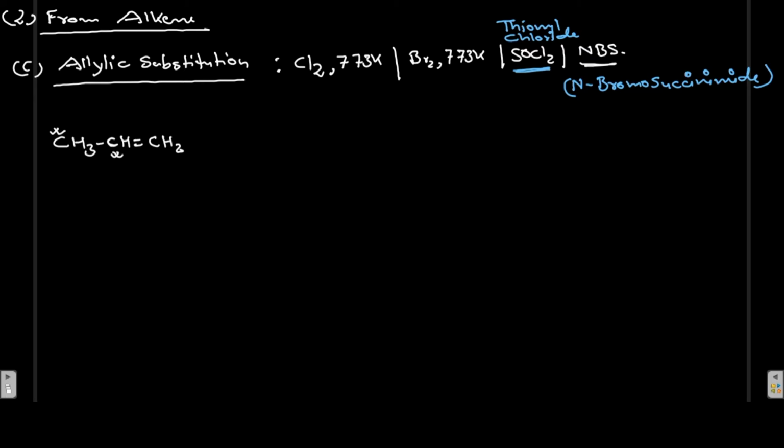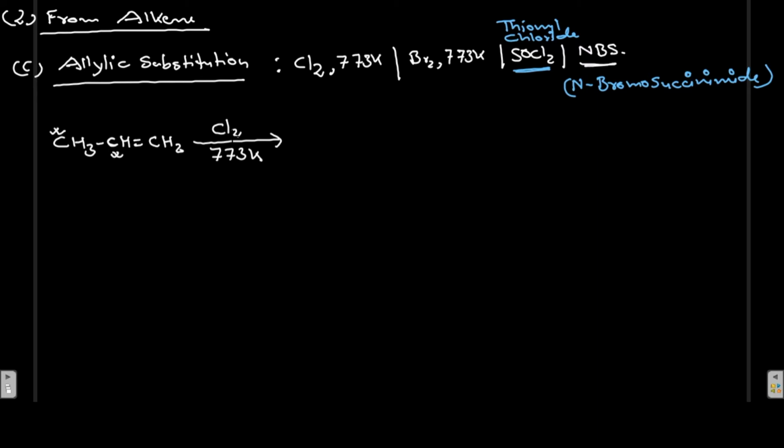Now, when chlorine is reacted at 773 Kelvin, what will happen? Here there are two chlorines.